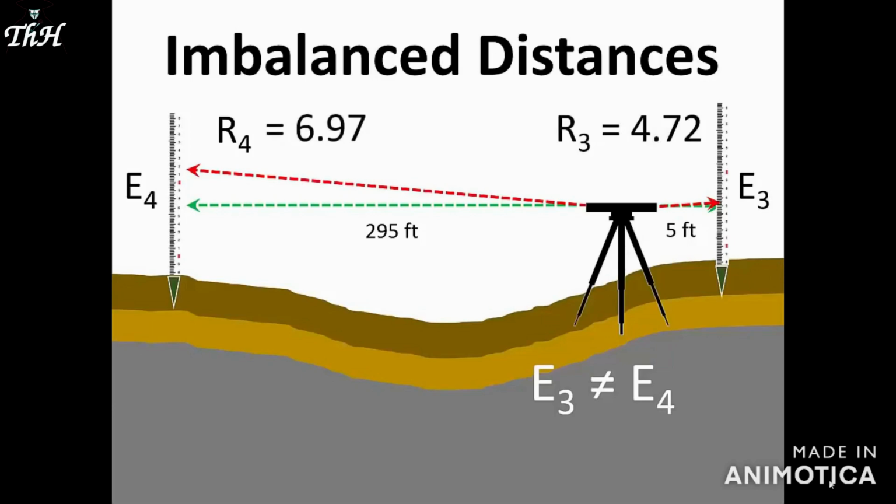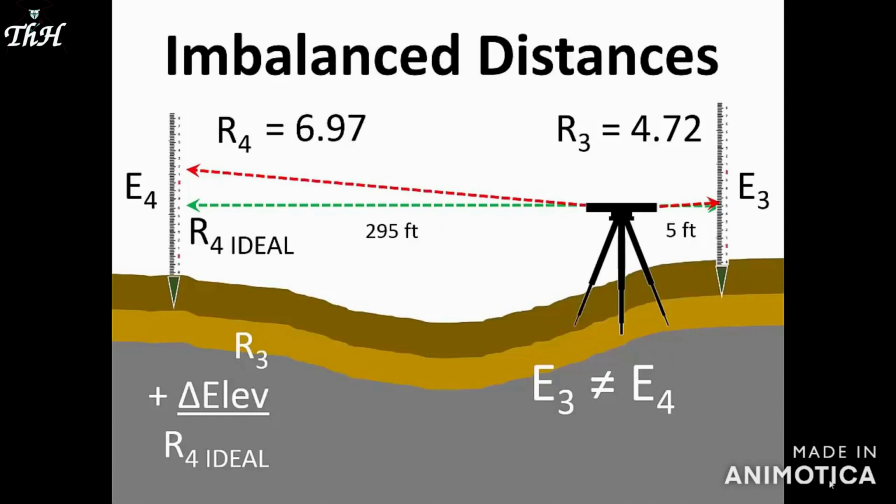Now watch carefully. Reading R3 plus the elevation difference found from the first setup will give us a result called R4 ideal. R4 ideal is the theoretical reading we should get if the line of sight is truly horizontal.